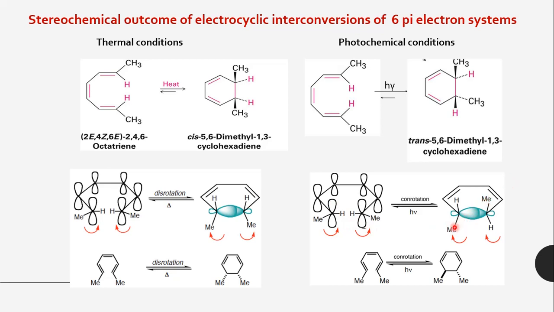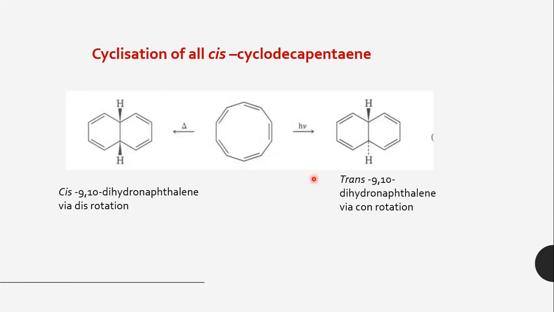You could also use the technique of using your hand to figure out whether this is indeed coming. If you consider the all cis cyclodecapentaene, where all the double bonds are cis to each other, depending on whether it is under thermal or photochemical conditions, on irradiation you get the trans 9,10 dihydronaphthalene, but by a conrotation, and on heating you end up with the cis 9,10 dihydronaphthalene via the disrotation.